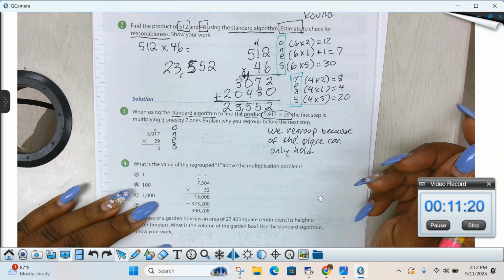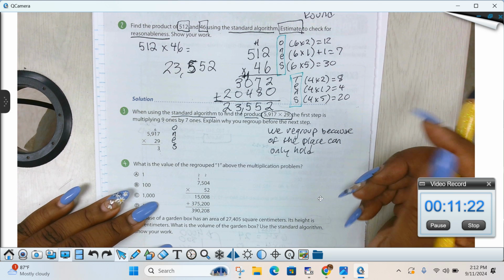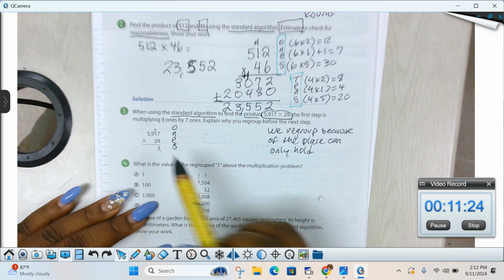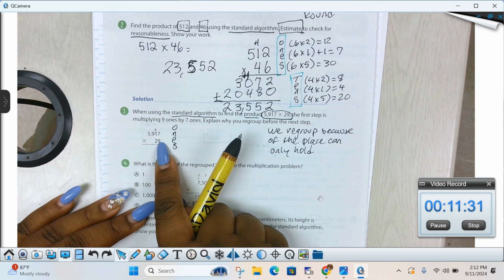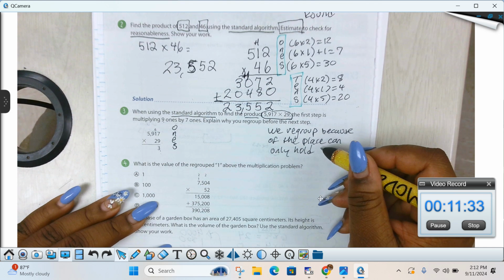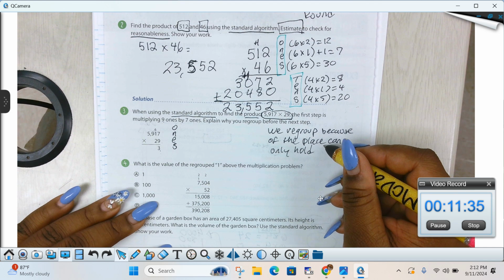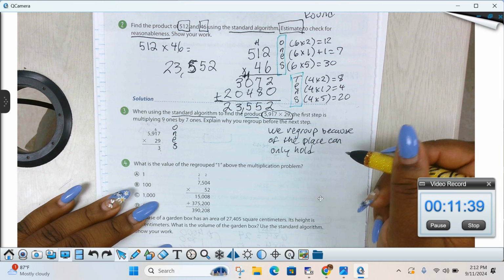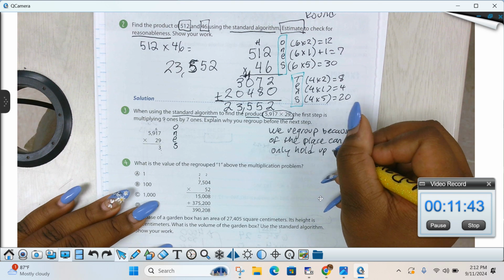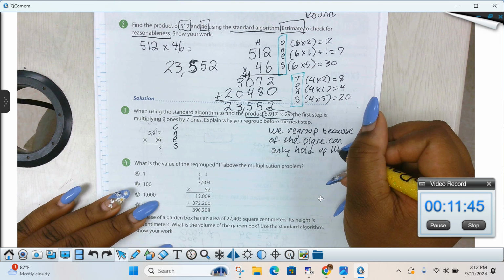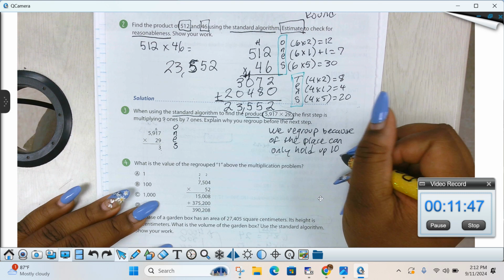How much can a place value hold? What's the maximum before you have to round up? In each place value, it can't be no more than 10 per place value. That's why you drop a 0 in. So it's up to 10. And then you carry. It really is 9.